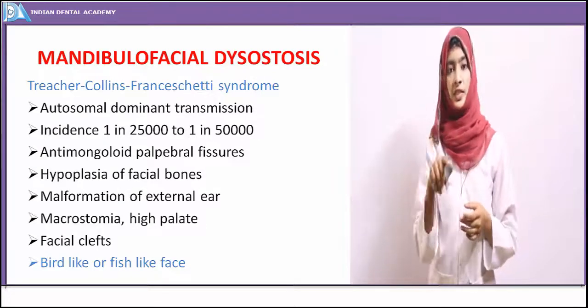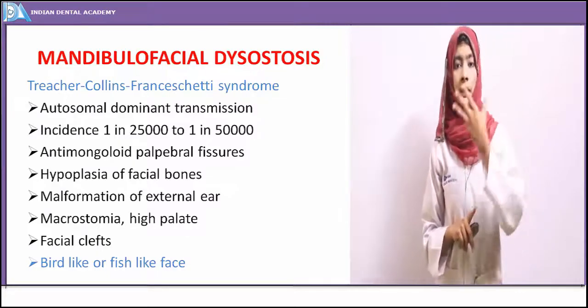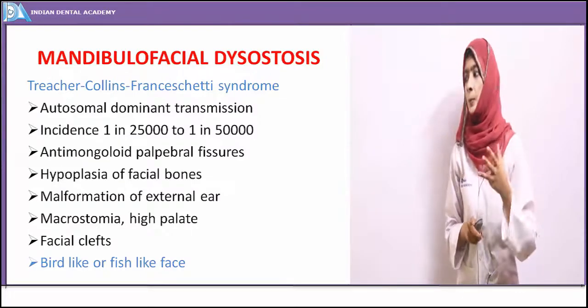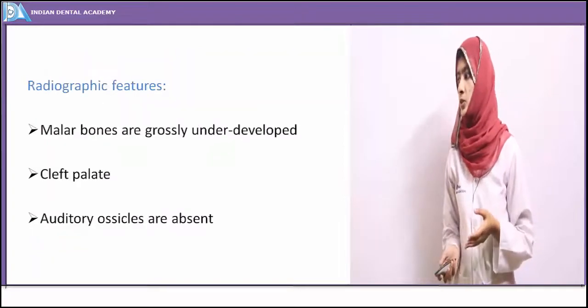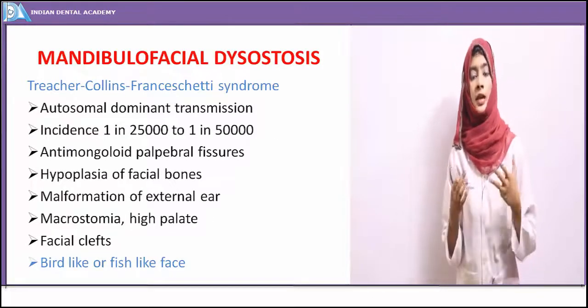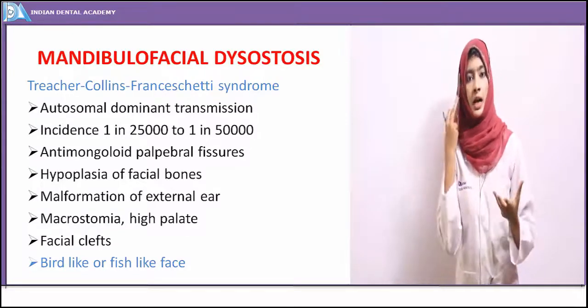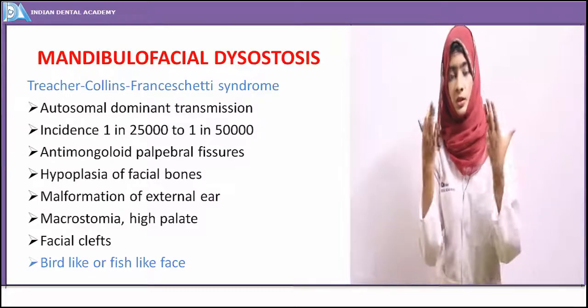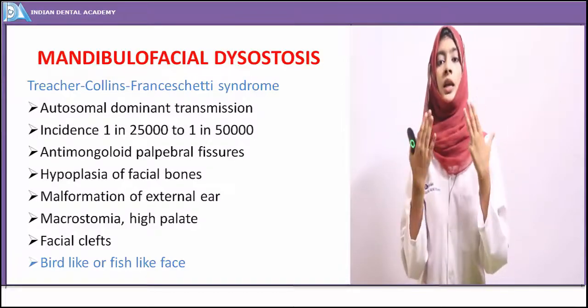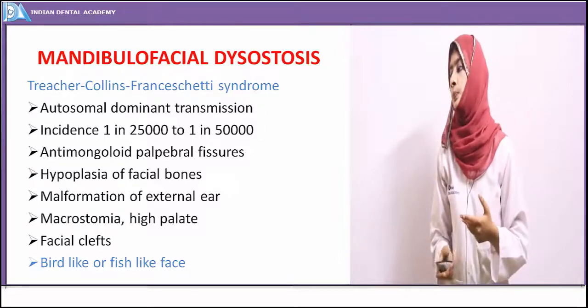The folds of the external ear will be absent. Regarding the face, there will be hypoplasia of the facial bones. The malar bones will be underdeveloped, and there won't be any fusion between the malar bones and the zygomatic bones, so the face appears underdeveloped or retruded.